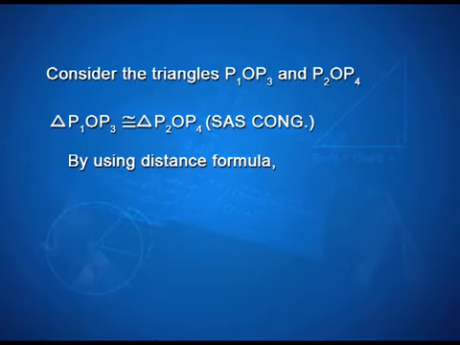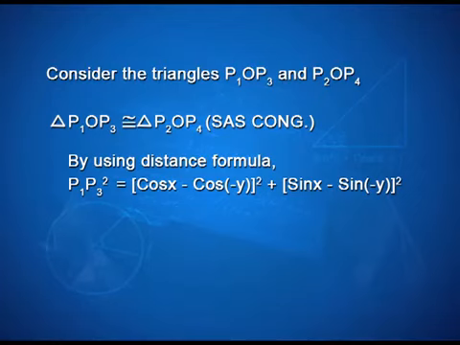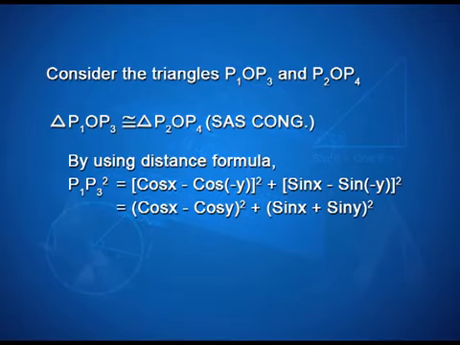Now, by using the distance formula, P1 P3 square is cos x minus cos of minus y whole square plus sin x minus sin of minus y whole square, which can be simplified as cos x minus cos y whole square plus sin x plus sin y whole square.